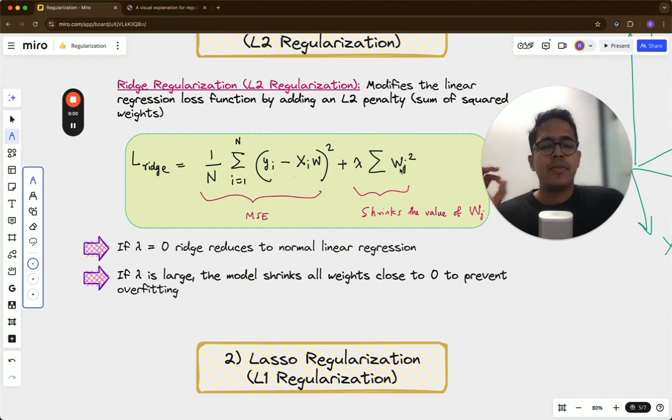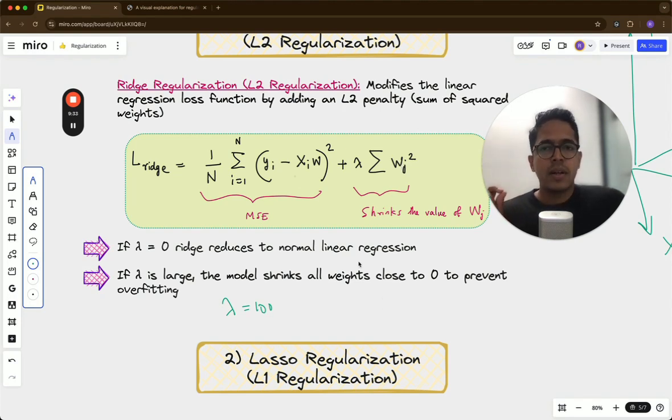Let's say lambda equal to 100, and if the weights are big, then you have a huge penalty term here, which means that the overall loss is very big, even if the mean squared error can be brought down to 0. So just bringing mean squared error down to 0, like how we do in normal linear regression, is not enough. So lambda has that effect of controlling the value of the weights or the model parameters from overshooting.